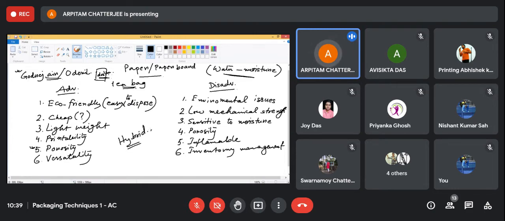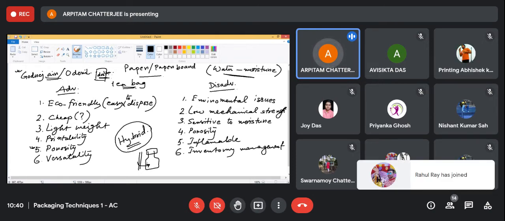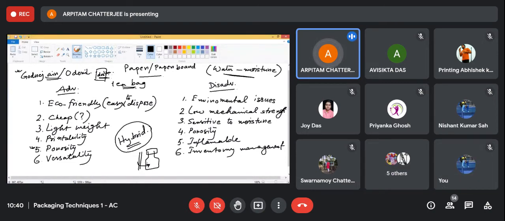Because a plastic bottle will have a plastic body, but it will have a metal cap, right? So if you want to use a rigid packaging, in that case packaging of plastic bottles will need another product for making the closure. So that is why it's a hybrid packaging.